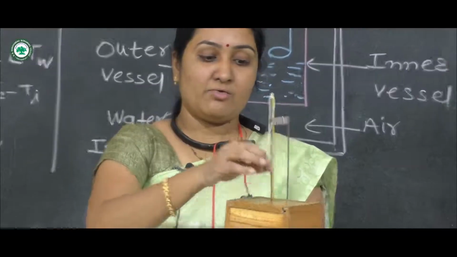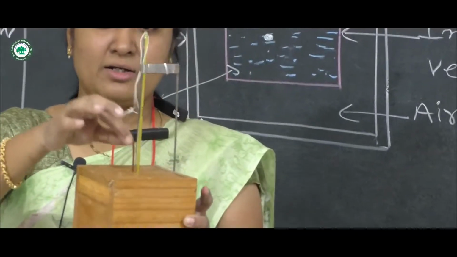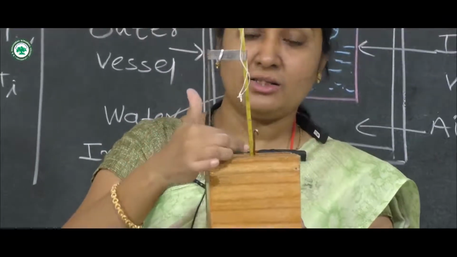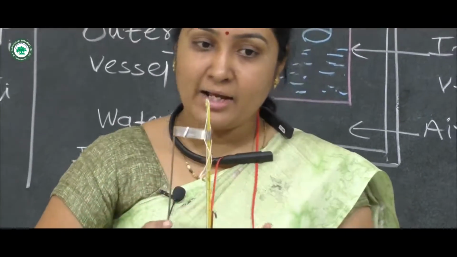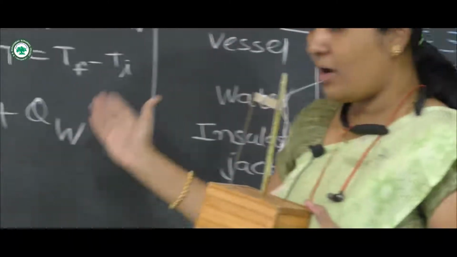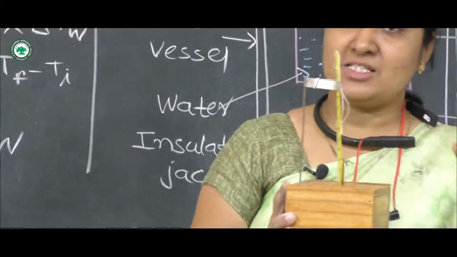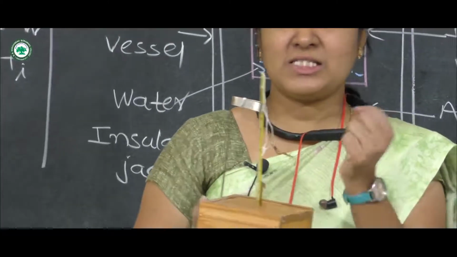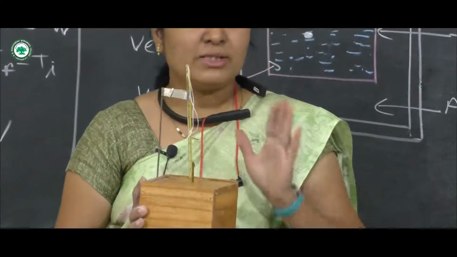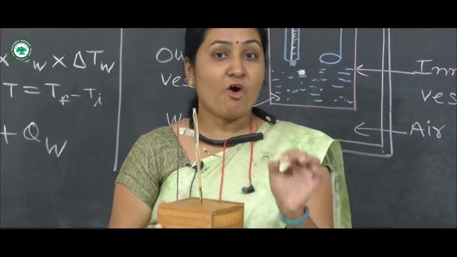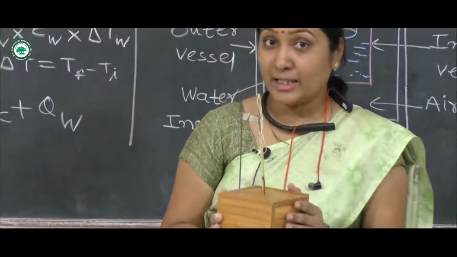Here we can stir the water, and by using the thermometer we can measure the temperature, and by using the formula we can find out the amount of heat which is released or gained. So this calorimeter is the instrument used for the measurement of heat.